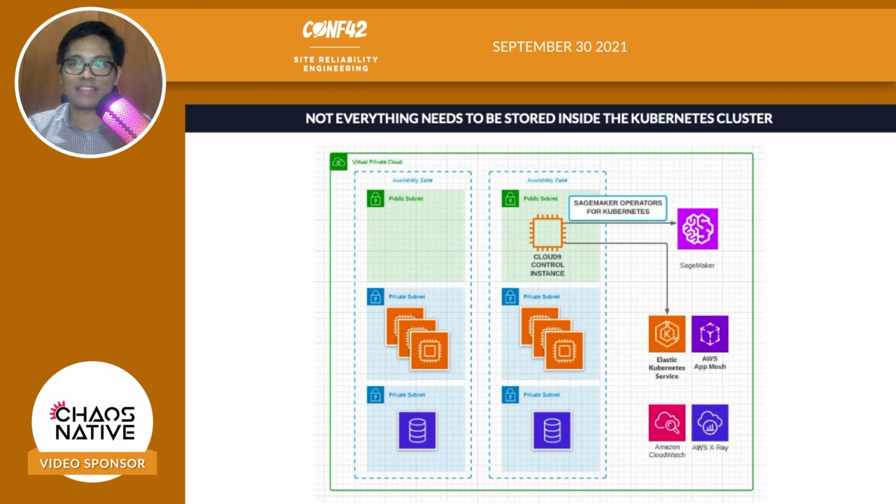So if you need to vertically scale your database, then instead of trying to use Kubernetes to manage the database resources there, you can do that using RDS separately.